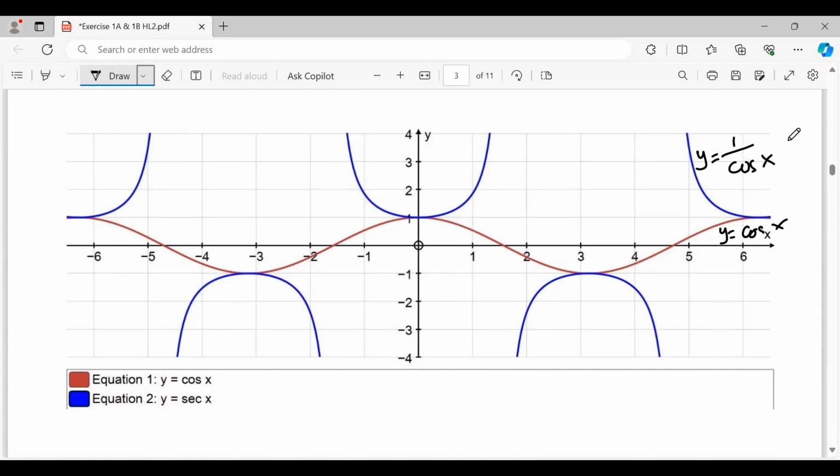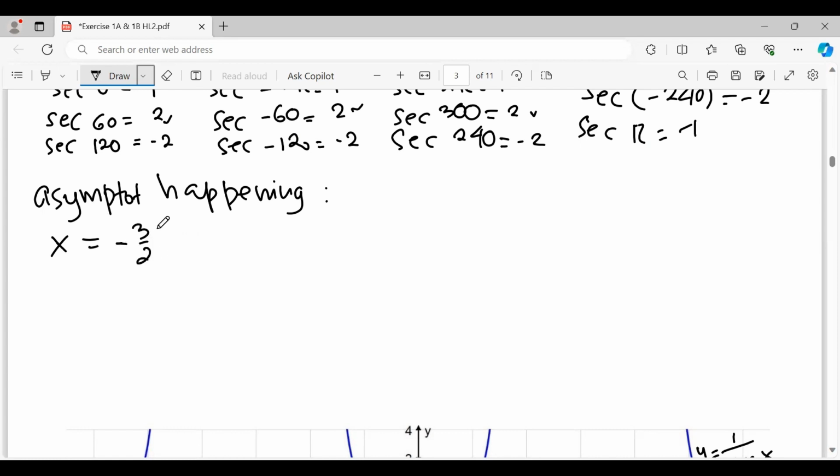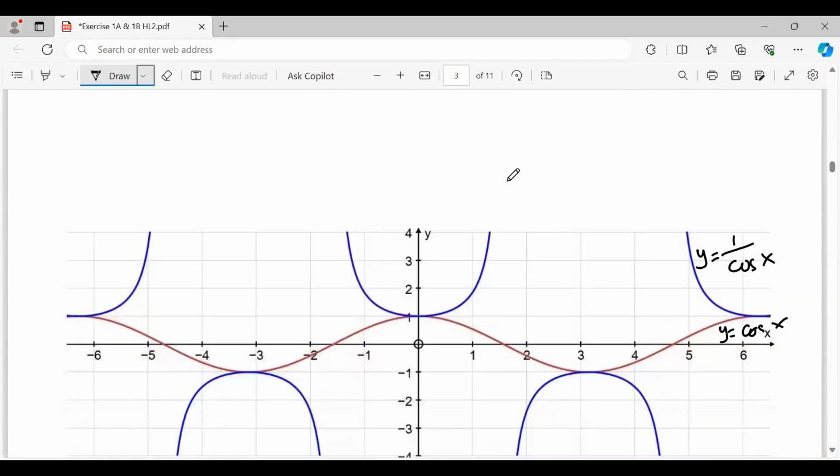Okay. So how about the asymptote? The asymptote happens on x equals, on the x-axis, -3/2 pi. Okay, around this is -1 pi.